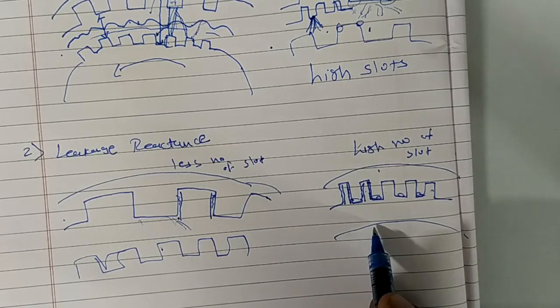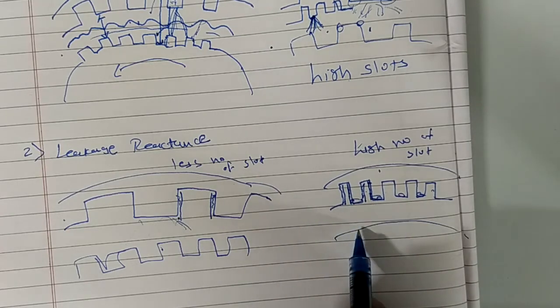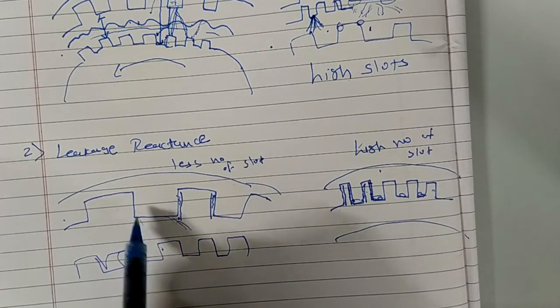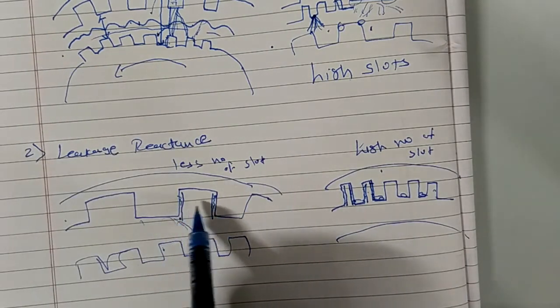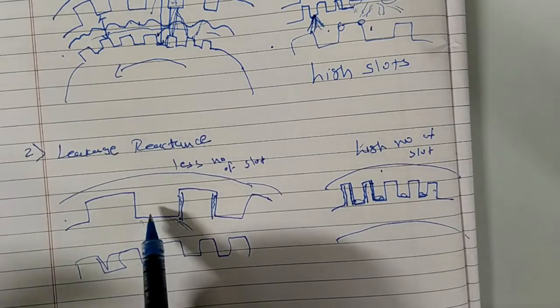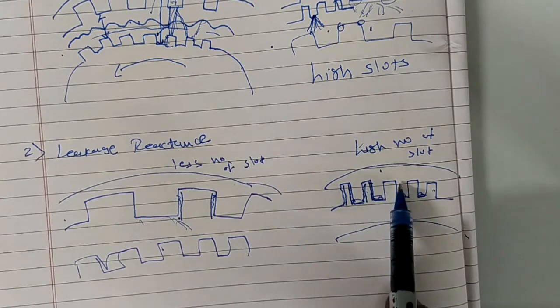So leakage flux will tend to become less, and more flux will go from stator to rotor. Over here more flux will not tend to go from stator to rotor, because they do not have many options. Over here they have a large option to go from stator to rotor.